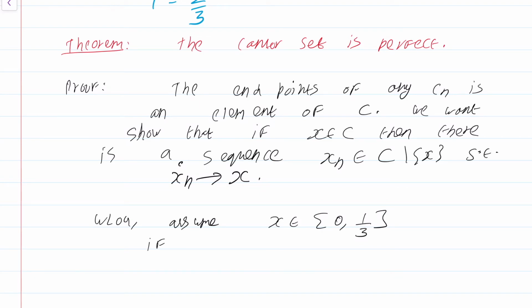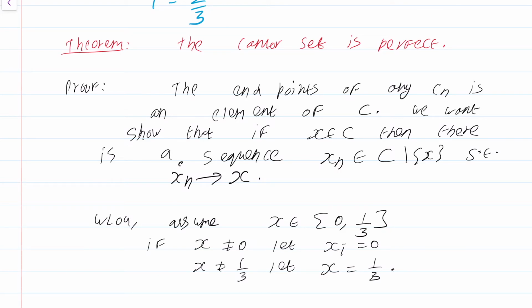If x is not 0, let x1 equal 0. If x is not 1/3, let x1 equal 1/3. Okay. So if it is one of the endpoints, choose the other endpoint. If x is in the middle, it really doesn't matter.